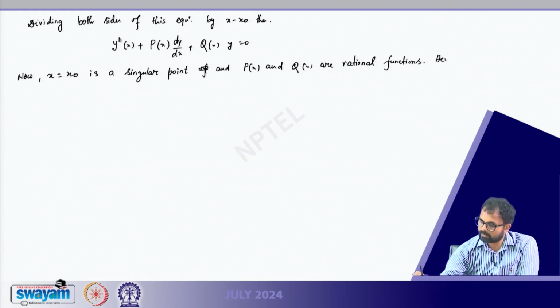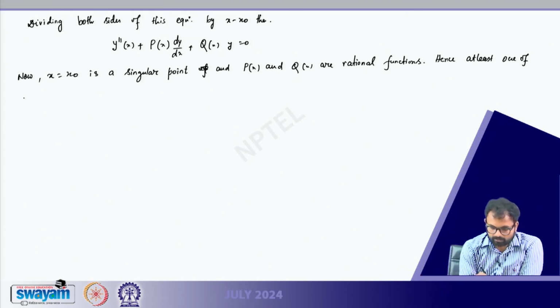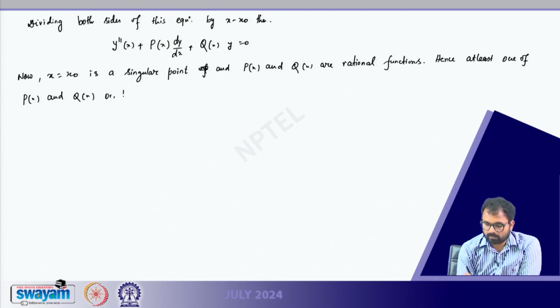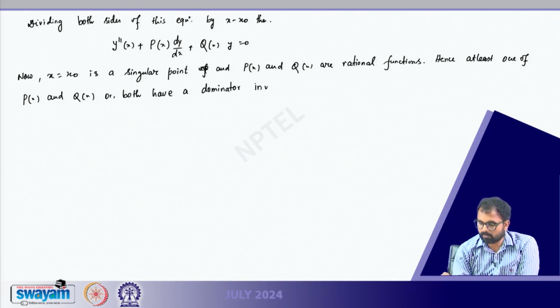Hence, at least one of capital P(x) and capital Q(x), or both, have a denominator involving the factor x minus x0.